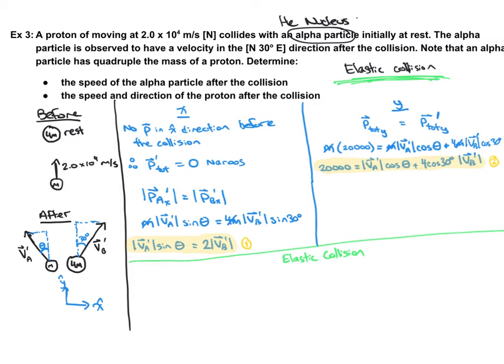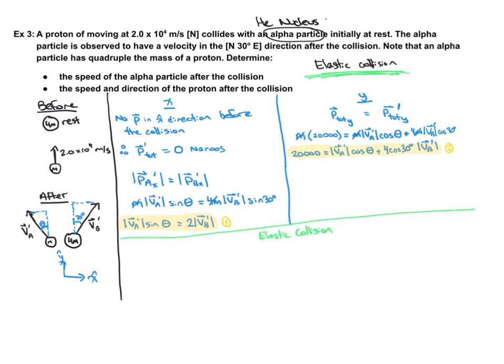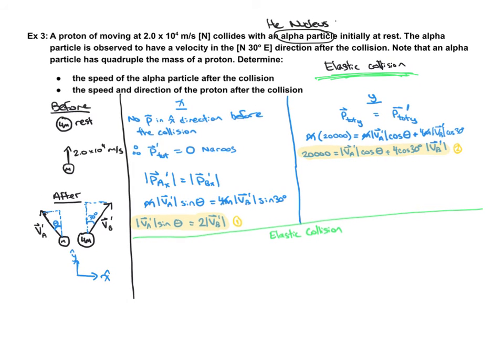If we know that it's an elastic collision, then the definition of that is that the kinetic energy is conserved. So kinetic energy total equals kinetic energy total after the collision, so prime. That's what an elastic collision means.